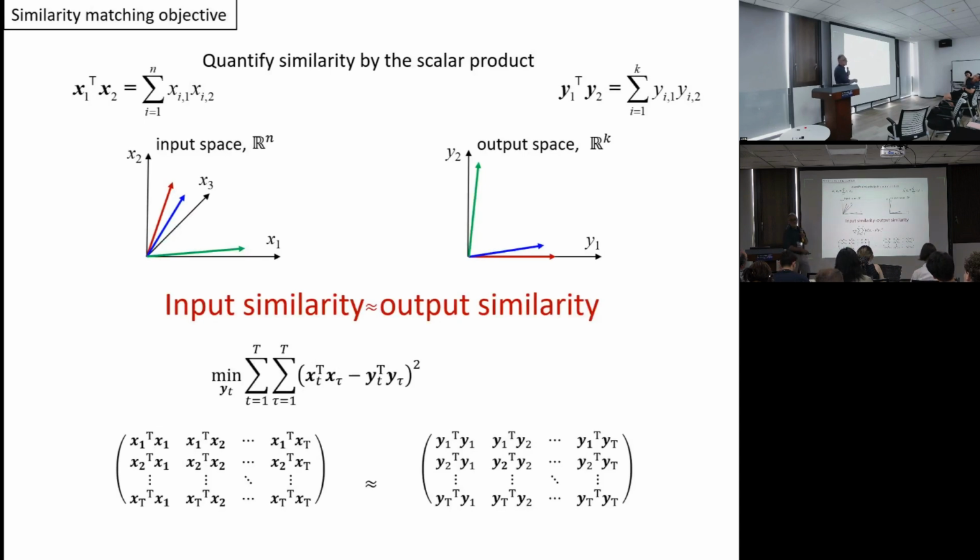We want them to be as similar as possible. And we can perhaps achieve that by minimizing the squared error of the element-wise error between those two similarity matrices. So instead of the reconstruction error, when we try to minimize the difference between the actual x and the reconstructed x, we minimize the difference between the similarity of inputs and the similarity of outputs. Okay. All right.